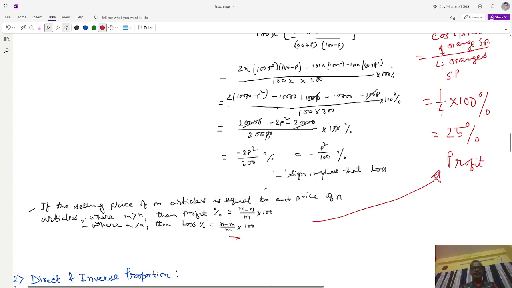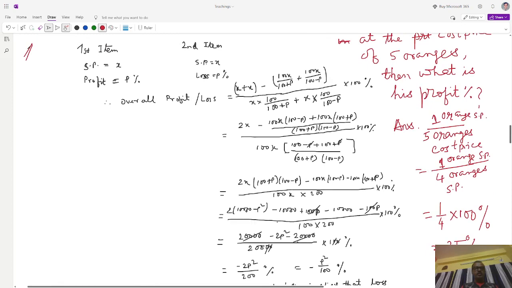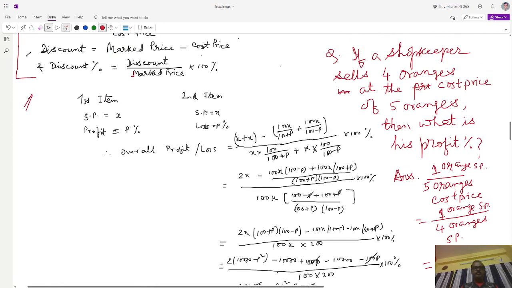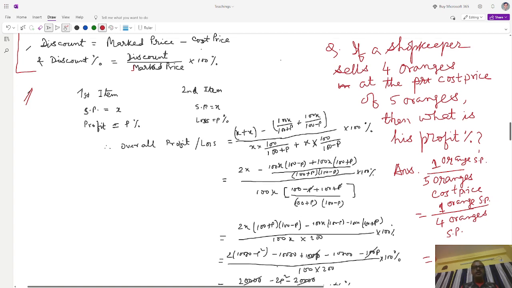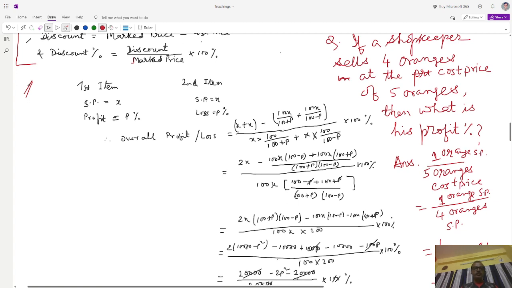Understand? And here is another case. If there are two items, first item and second item, the sales prices are equal, and here profit P%, whereas here loss P%, then what will be the net profit or loss? This is the question.